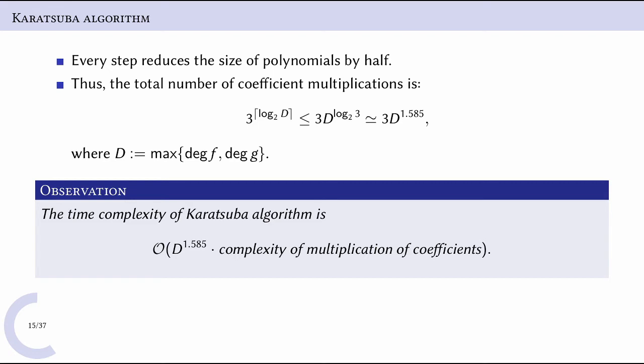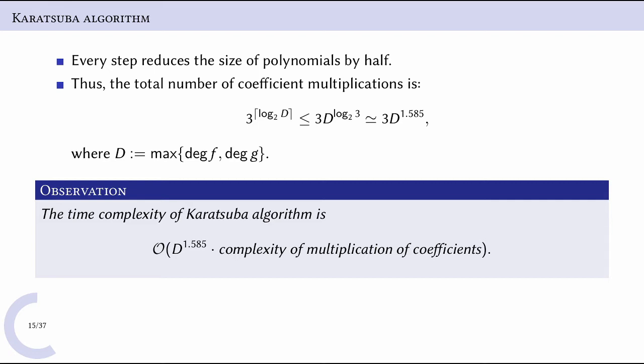But now we are at this subject of the fundamental algorithms, and as you see, we have the long multiplication, which has quadratic complexity, and we have a better algorithm due to Karatsuba, which has complexity of D to the power roughly 1.6.